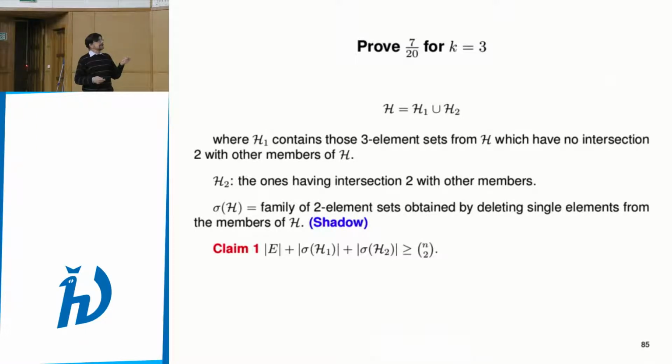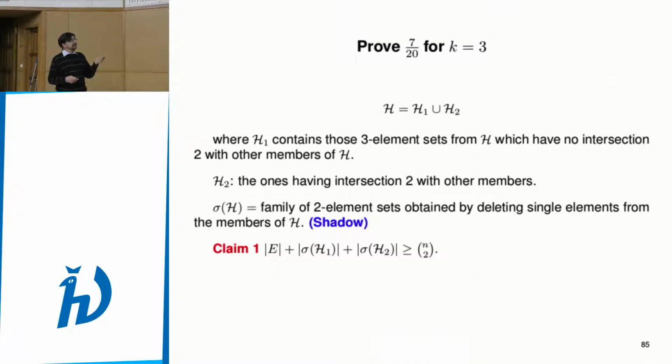And this is the first claim. Of course, this is just completely trivial, because each edge has to be either here or in one of the members, and I just took it into two parts.